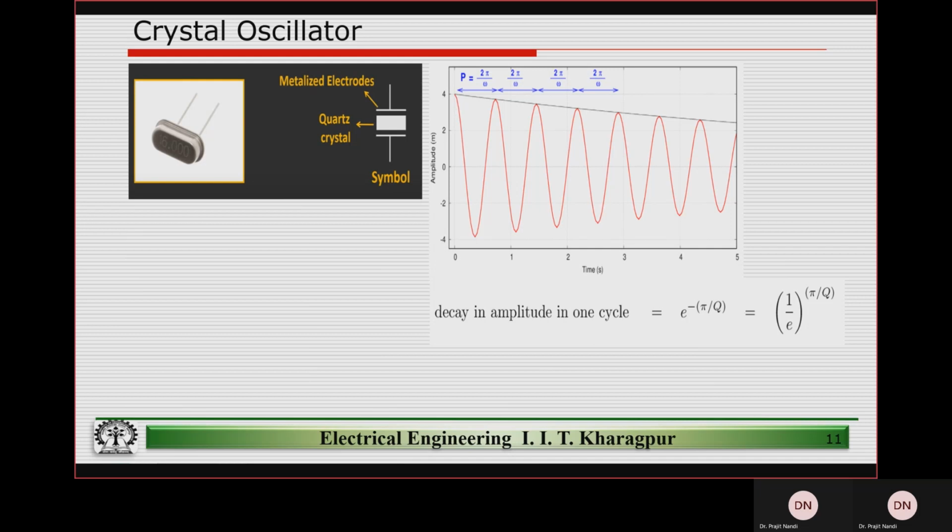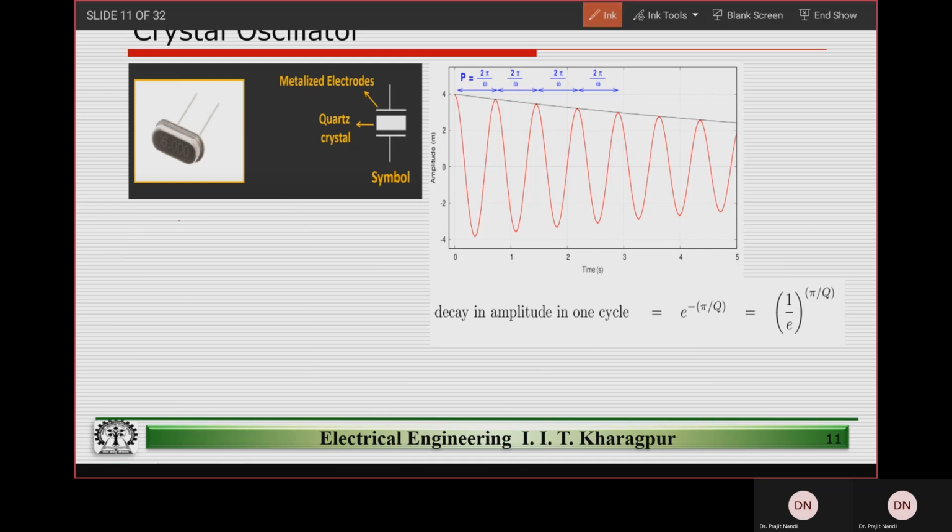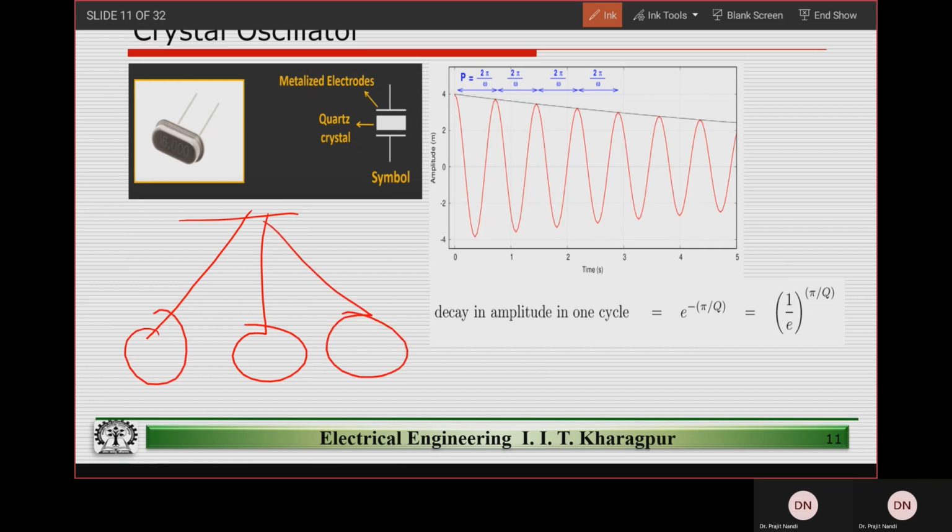So in an ideal pendulum, swinging from one end to the other end, we know how the energy converts. At the extremes, the energy is potential energy, and right at the center, the potential energy is zero and the complete energy is kinetic energy. Similarly, in an LC tank, the energy in the inductor at one point will be zero and the complete energy will be stored in the capacitor.